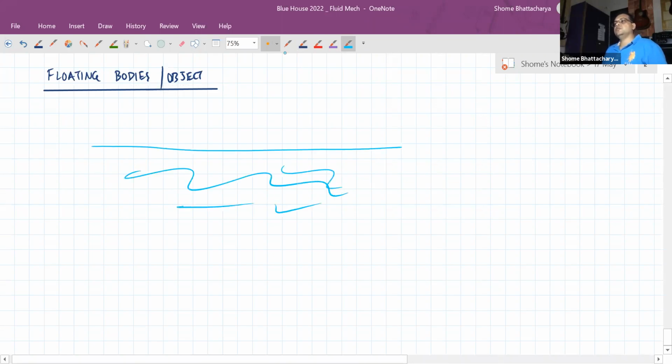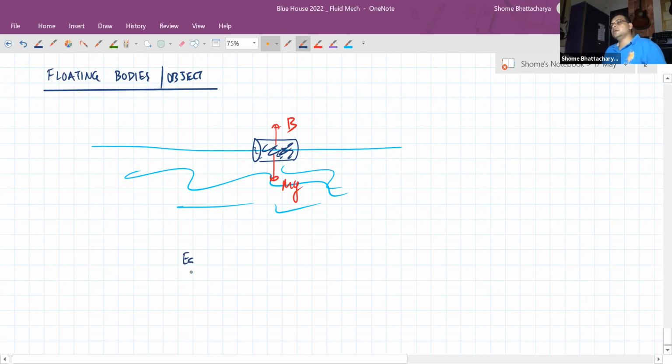So typically a floating object floats in such a way that it is partially submerged. Like consider a wooden log which is floating. The net force on it must be zero, which means that its weight is balanced by the buoyant force.